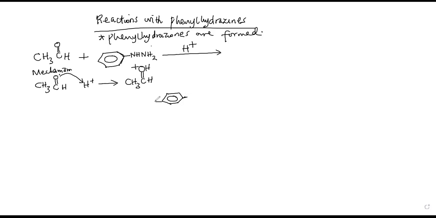For easy, I can write it this side. So this is NH2, NH. As this one breaks, so we shall have CH3, C with OH, and then H here.